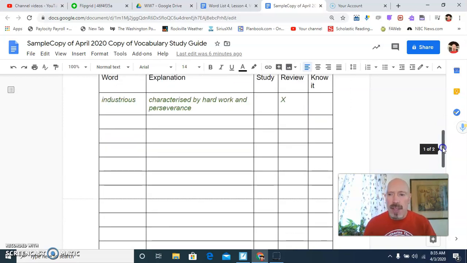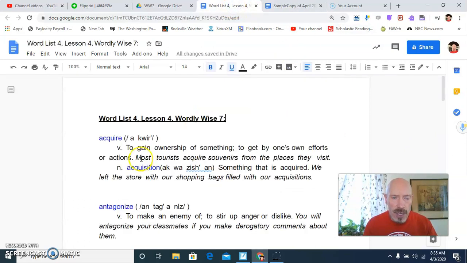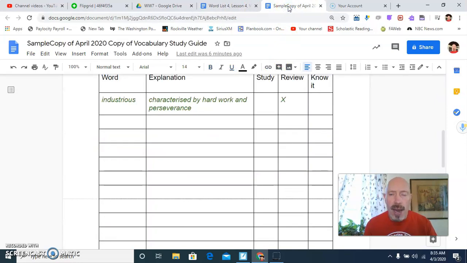Now, the thing is, when you have the new word and you have the definition, you are not helping yourself if you just write the word here and then you copy the definition into the explanation next to it. If you just copy the explanation, that's all you're doing. You're not actually reading the definition.